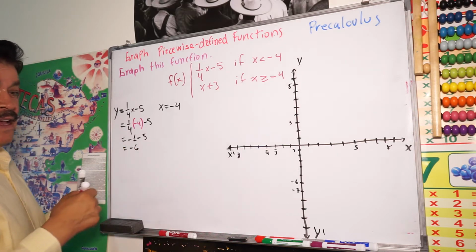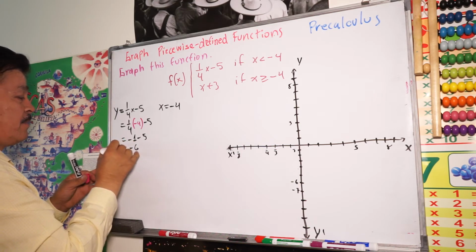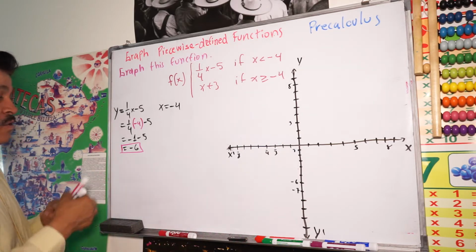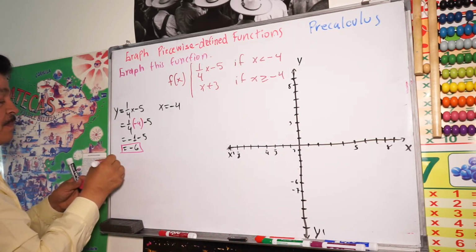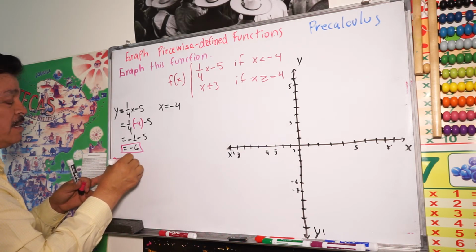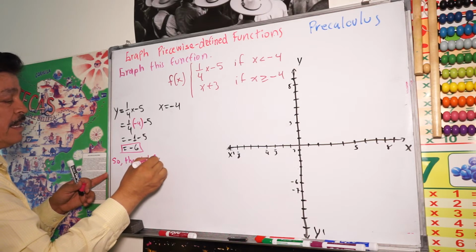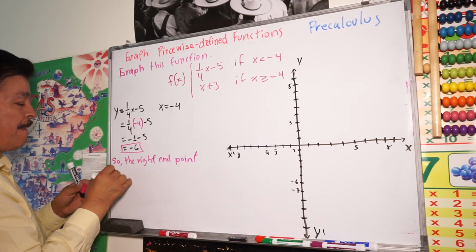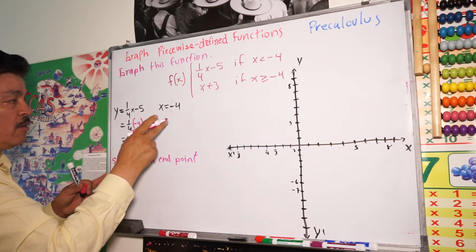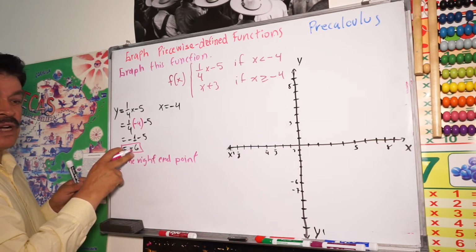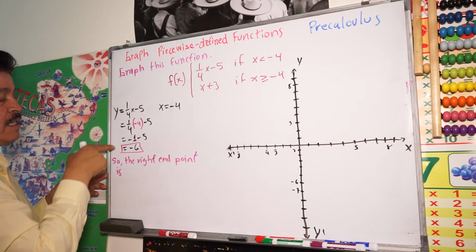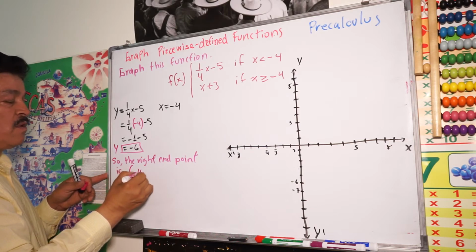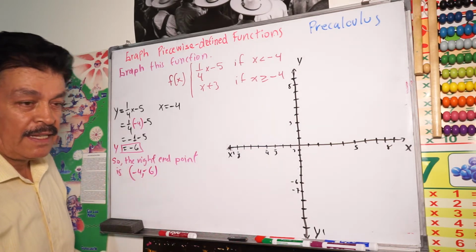So the solution here is at this point. The right endpoint is x equals negative 4, y equals negative 6. This is the endpoint.